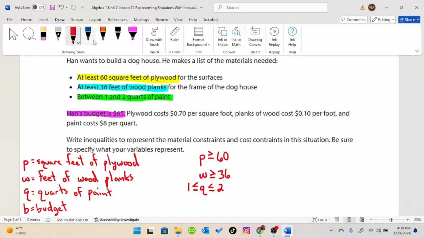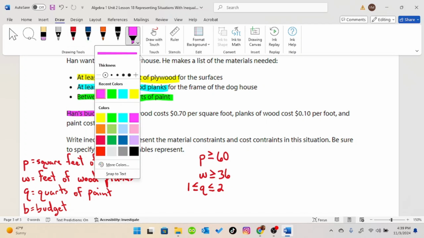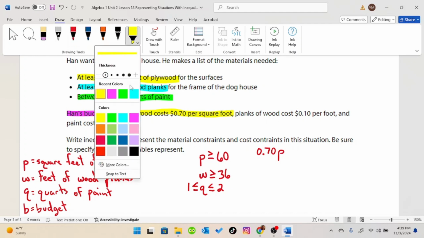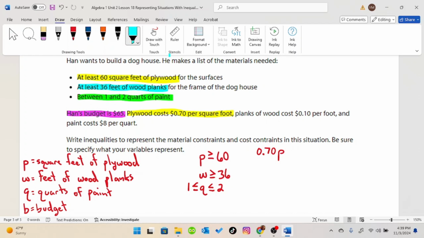Now the last thing we need to worry about is the cost. We know that plywood is going to be 70 cents per square foot. When we write that, we could write 0.70P. Next, we know that wood planks are 10 cents per foot.